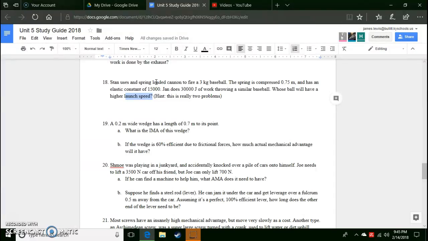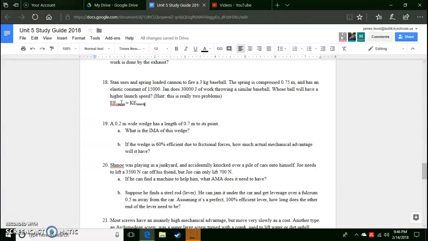All of the elastic energy from the cannon is going to turn into kinetic energy. So EE from the cannon, I'm going to do a little subscript, cannon, equals KE launch.